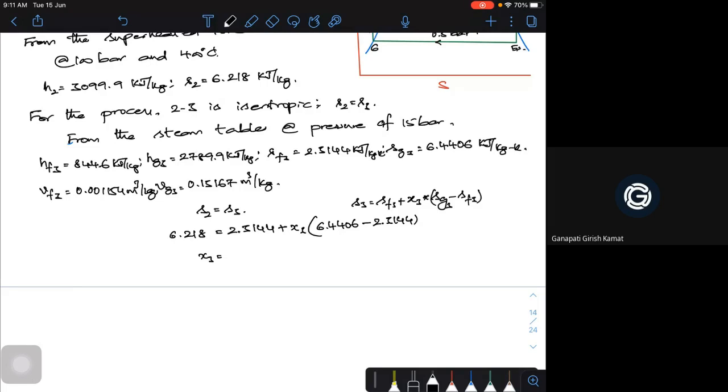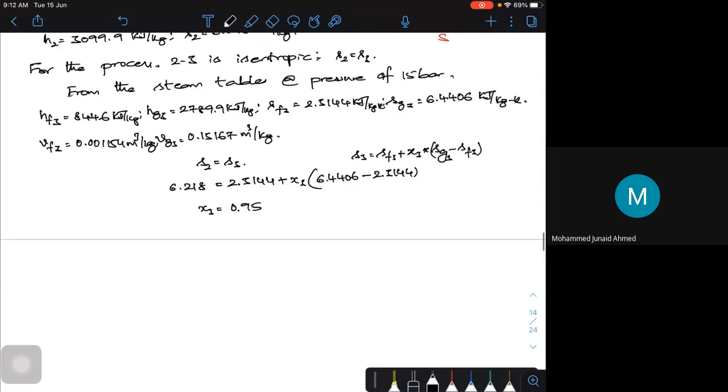It will be very close to 1, more than 0.94. So 0.946, about 0.95.